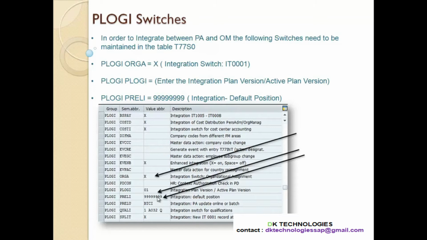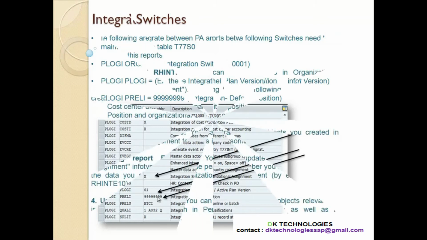In that case, when you hire an employee through transaction code PA40, in infotype action 0000 there is a field called position. At that time you have to enter this number 99999, because SAP has provided this number. That means default position. In case there is no position, give this number. That's it. So these are some of the switches.